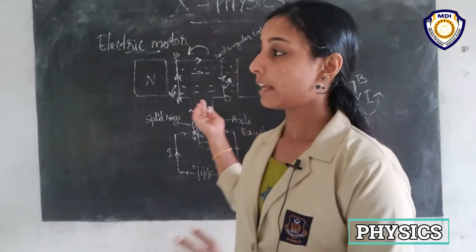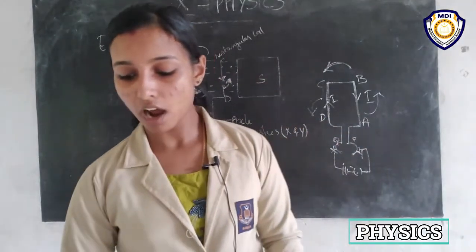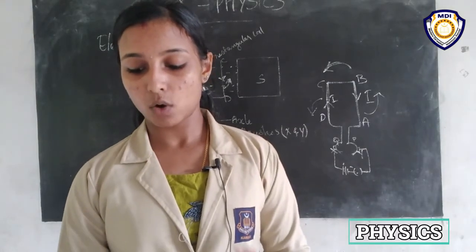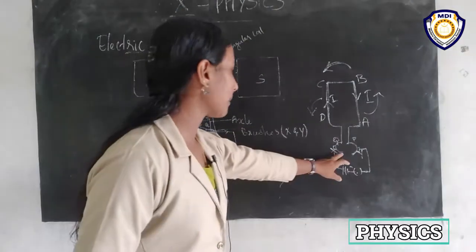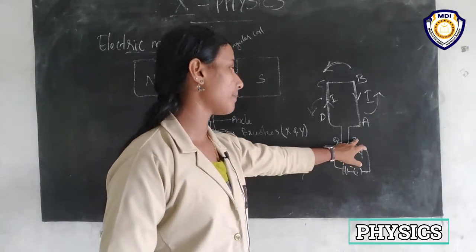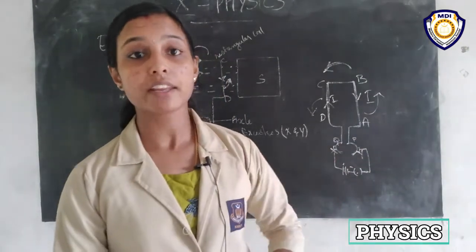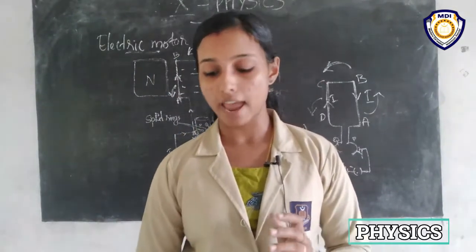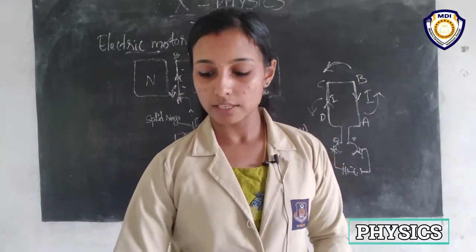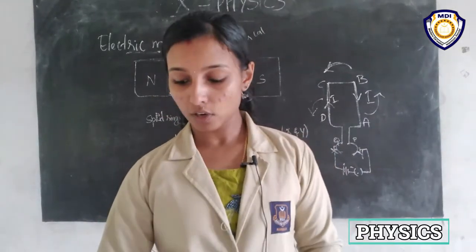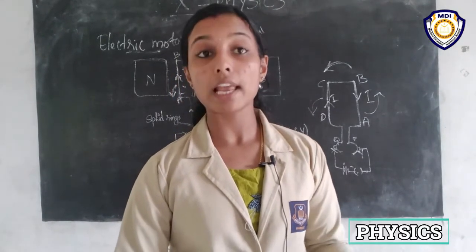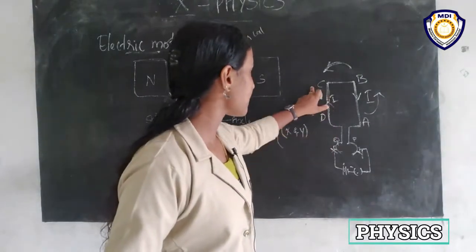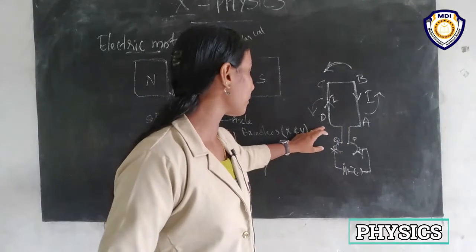So the rectangular coil rotates anti-clockwise, and at half rotation Q makes contact with brush X and P makes contact with brush Y. Therefore the current in the coil gets reversed and flows along the path DCBA.